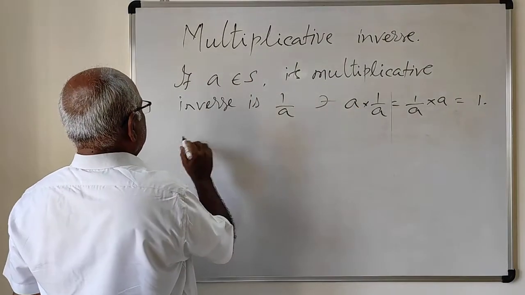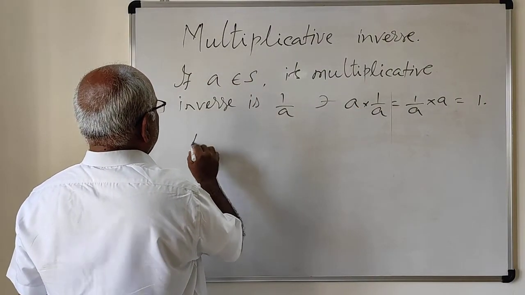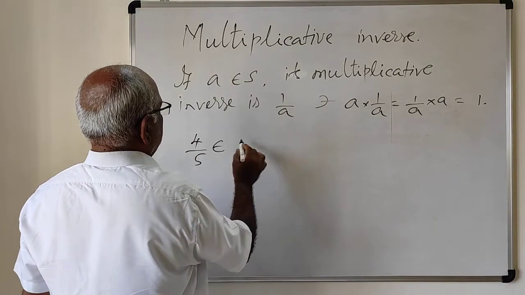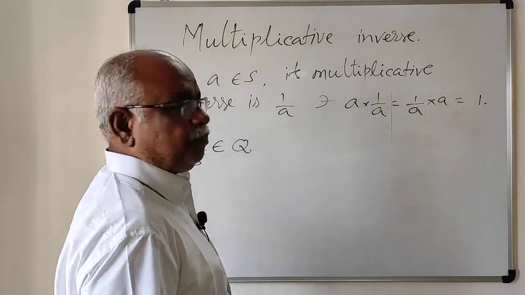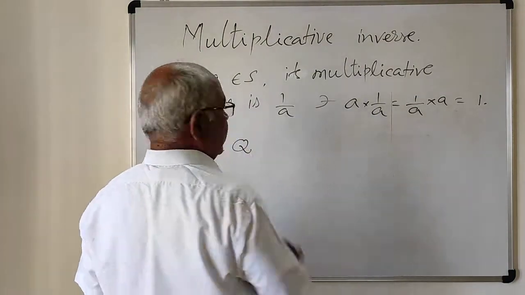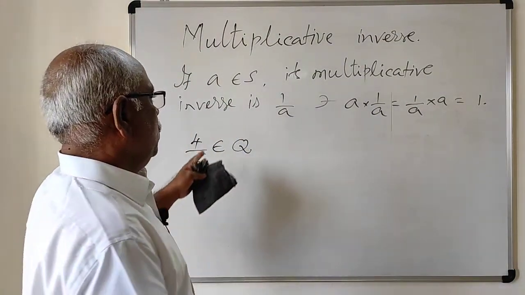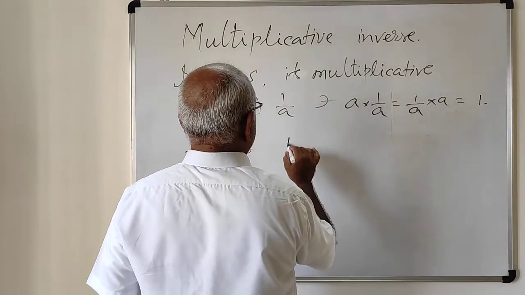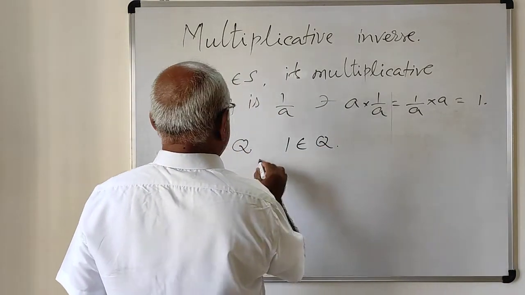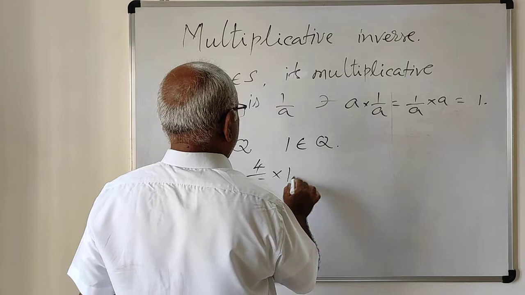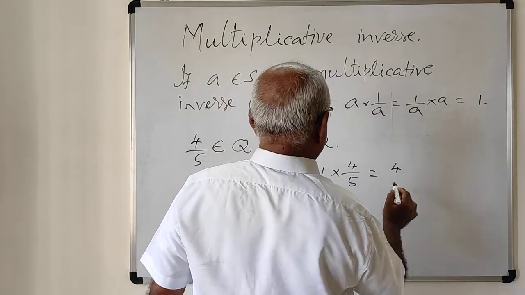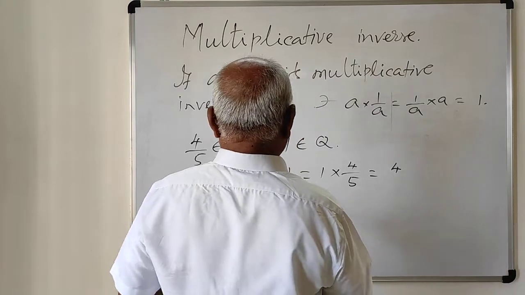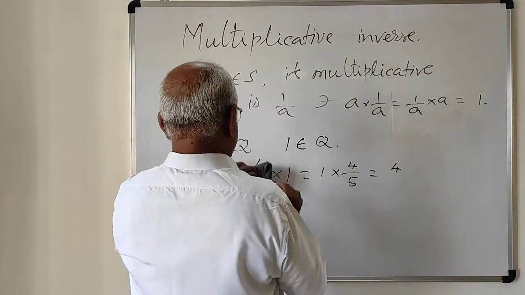For example, suppose 4 by 5 is a fraction belonging to the set of rational numbers Q. Then 1 is the multiplicative identity in Q, such that 4 by 5 into 1 equals 1 into 4 by 5 equals 4 by 5.